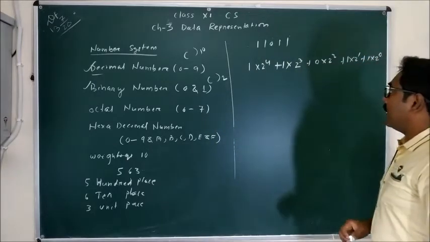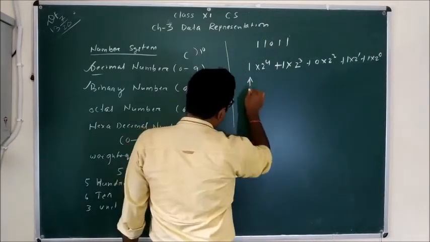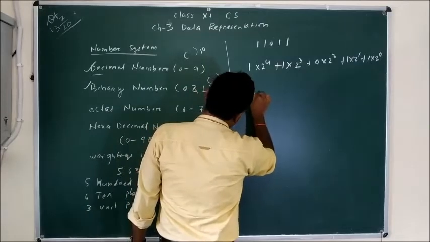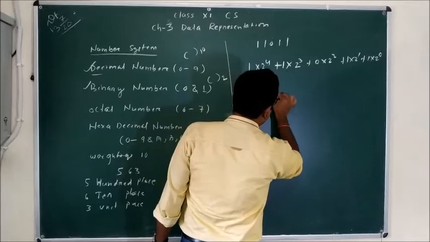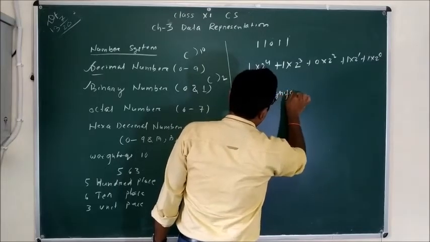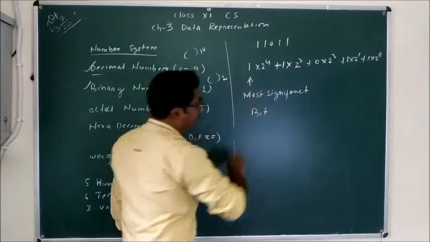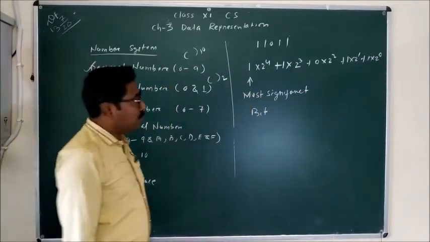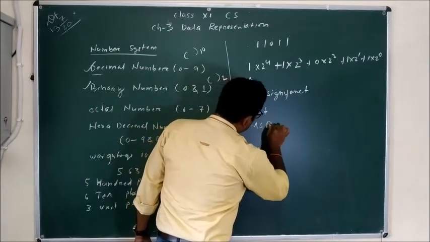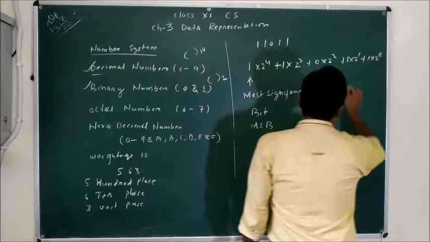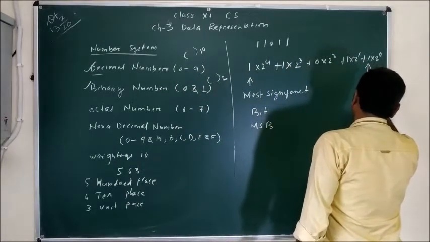So likewise, the most significant bit here is this, and in this case it is known as the most significant bit, not the digit, or MSB. Likewise, this is the least significant bit, or LSB.